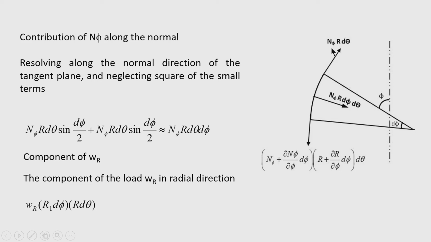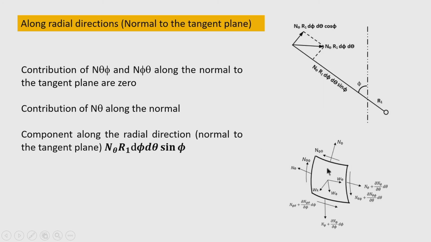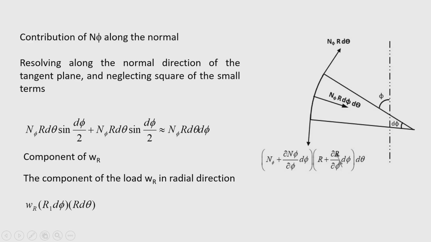Contribution of n phi along the normal. If you see the n phi, that is the meridional force at the two ends of the curve, say here the total force is n phi r d theta, and here it will be n phi plus del n phi by del phi d phi into r d theta. So, resolving these two forces, the radius here is r plus del r by del phi d phi, because r was changing with phi.